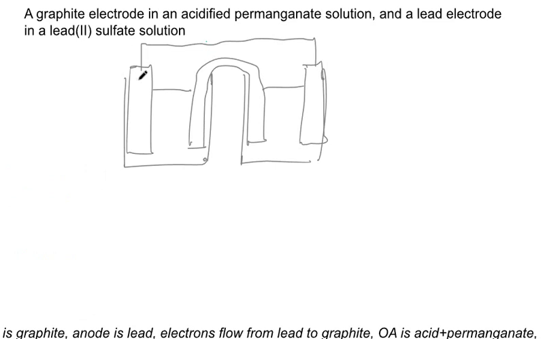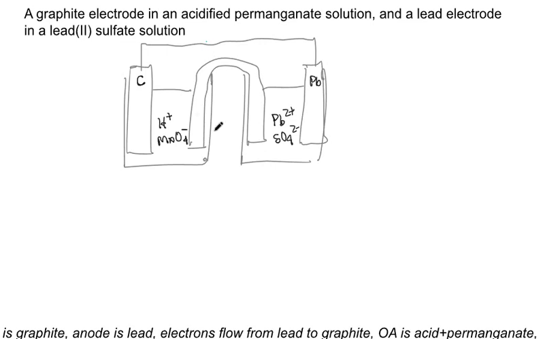And they tell us we have a graphite electrode in an acidified permanganate solution. And we have a lead electrode in a lead-2 sulfate solution. So lead ions, sulfate ions.